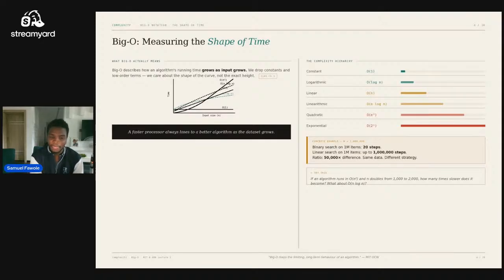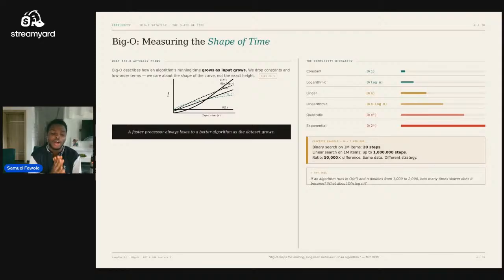Logarithmic time, you can look at the graph, and it looks linear for very small values, but as the values get larger, it begins to curve. Basically, you can look at the graph, but it is the second best time complexity that we could have.